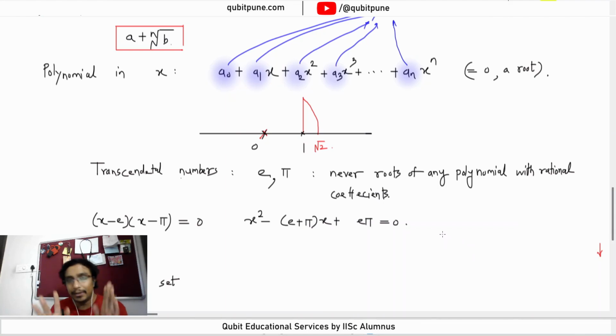You can build a polynomial whose roots are transcendental numbers, like e and pi, but my main point is, the polynomial that you have built does not have rational coefficients. At least one of its coefficients is not a rational number, like e or pi, we know they are not rationals. Is that clear now?